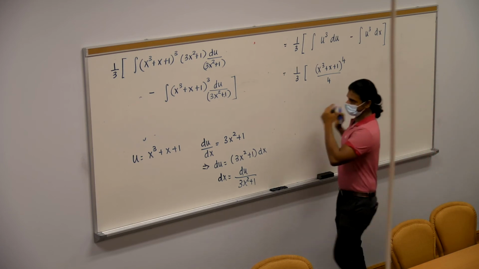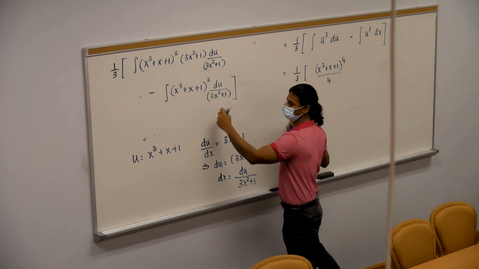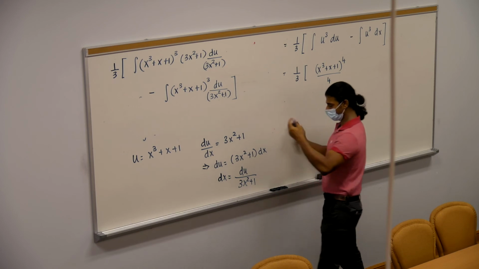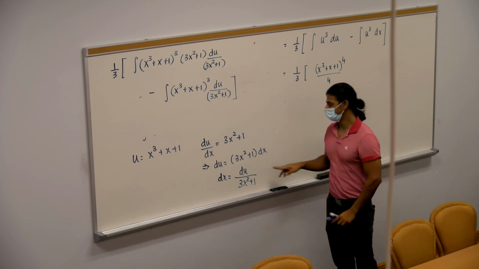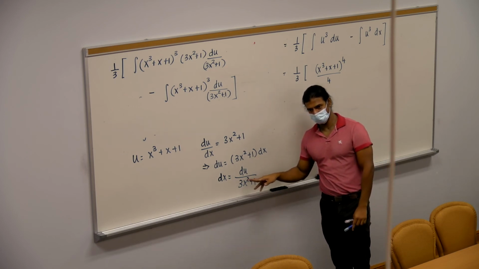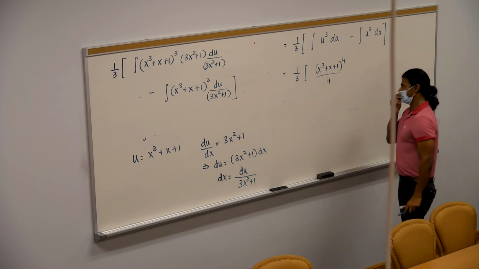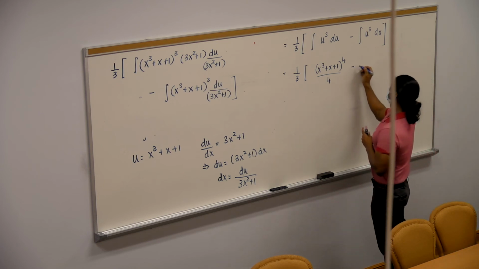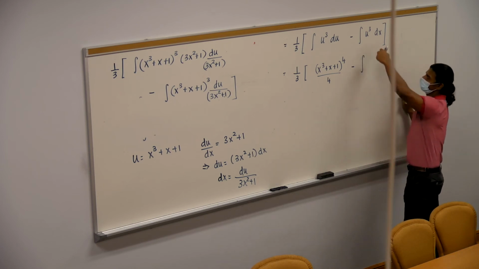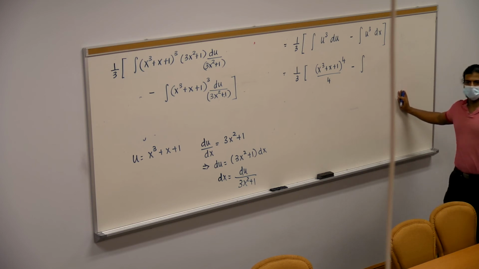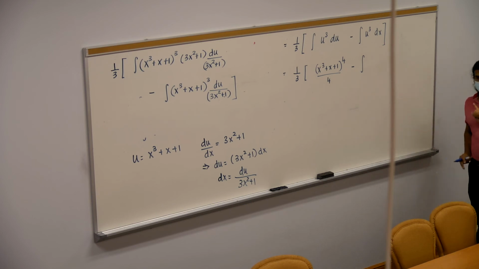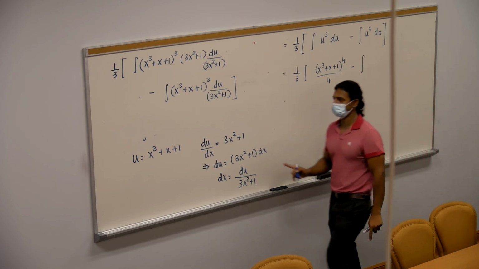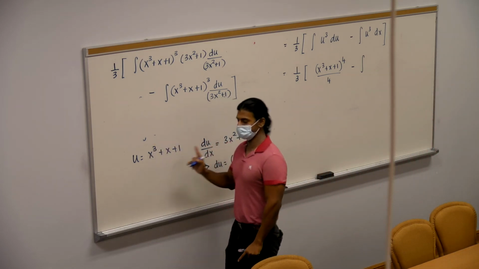So I've replaced this as u. And I have du over 3x squared plus 1. But du over 3x squared plus 1 is dx. The most common mistake would be to treat u cubed as a constant and pull it out of the integral. But u is not a constant. U depends on the x terms, agreed.